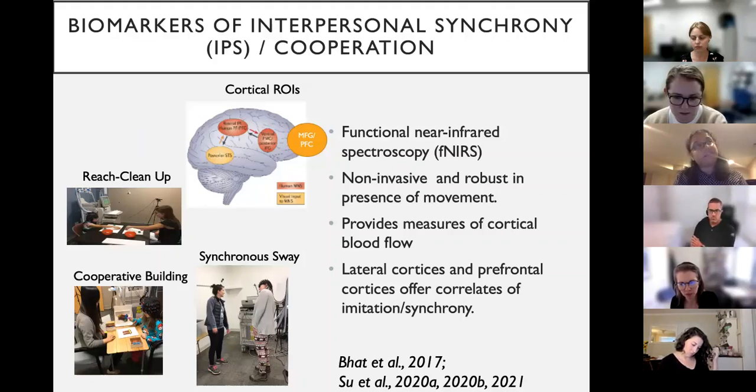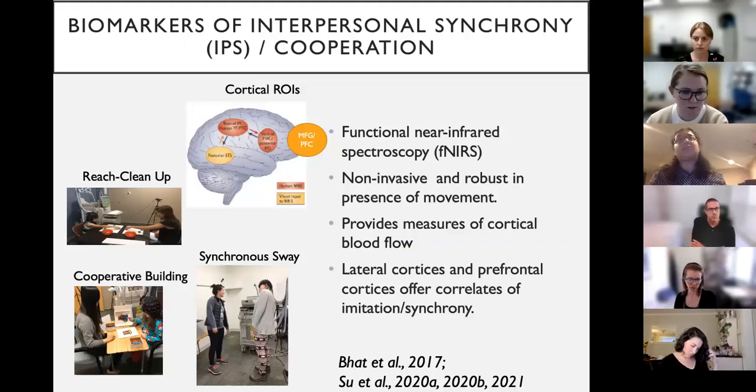Can we identify biomarkers first, and then can we use them as treatment response outcomes following a bout of synchrony-based interventions? So that's this work. And I started, as I said, this work in Kevin Pelfrey's lab at Yale many years ago, where I learned how to use the Hitachi fNIRS system.